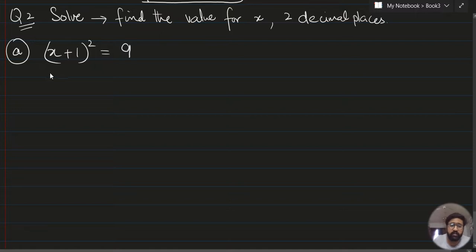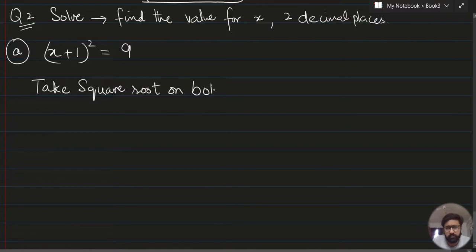We are going to take square root on both sides. So taking the square root on both sides, we are going to be left with x plus 1.